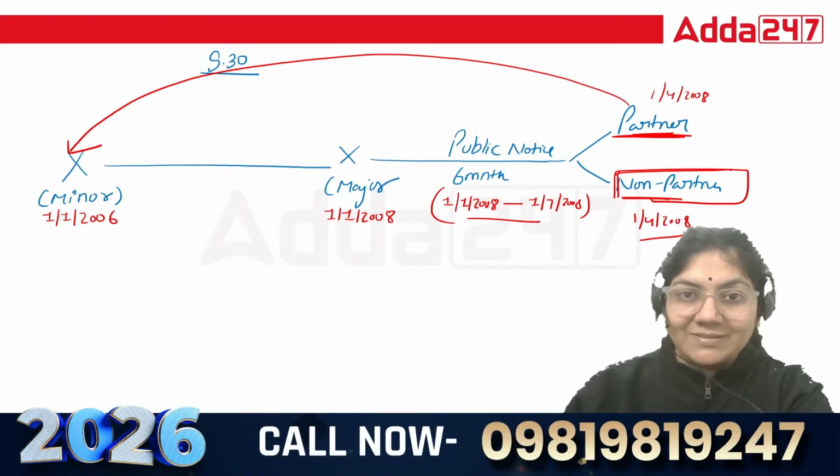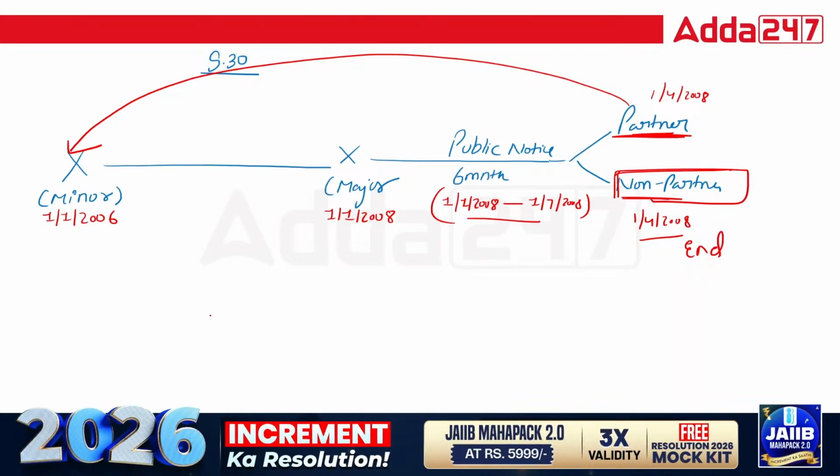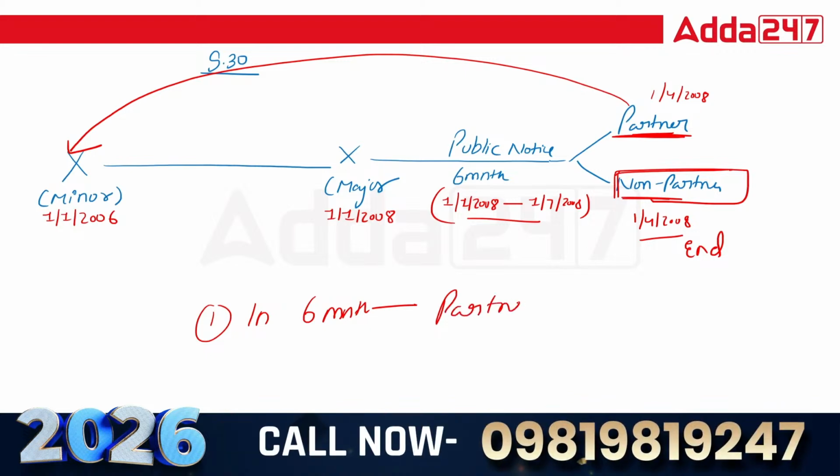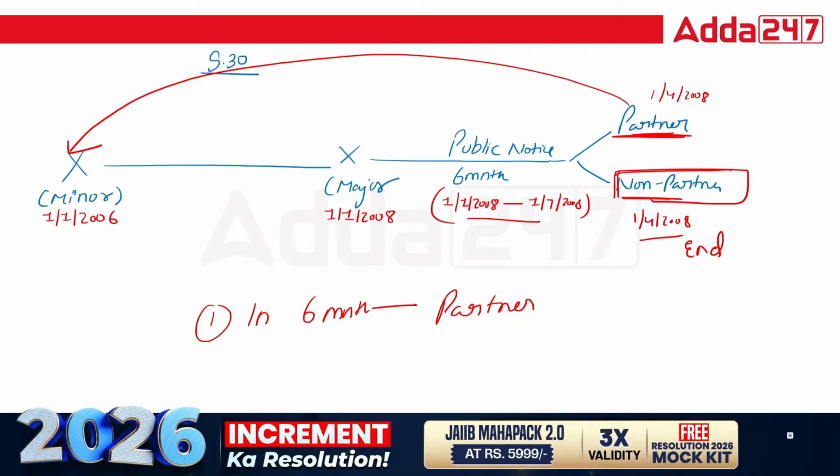And suppose in 6 months he says nothing. If he says nothing in 6 months, he will be assumed to be a partner. He will be assumed to be a partner. This is an important point.